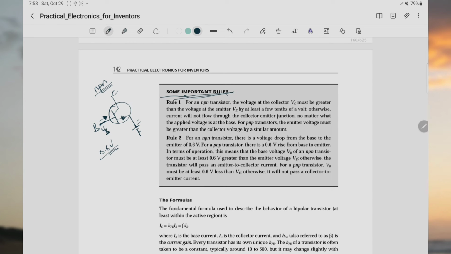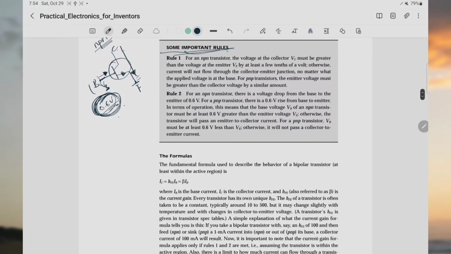So in order to activate our transistor, the voltage that we apply on the base must be greater than 0.6. That is when a current can flow from our collector to our emitter. Else, if the voltage is lower than this, there will be no current, so it will be acting as an open circuit.